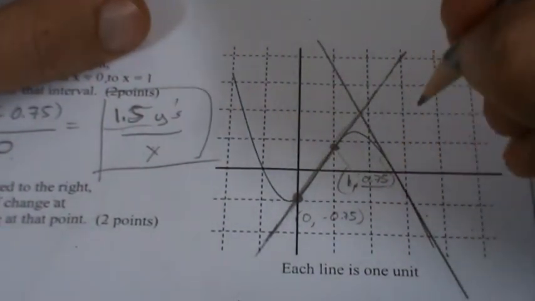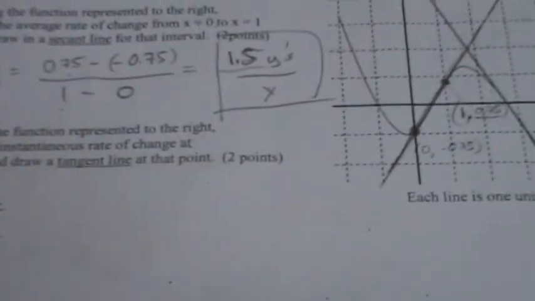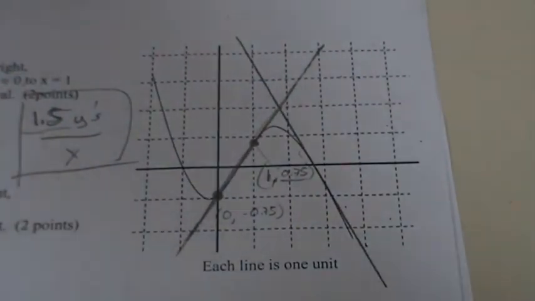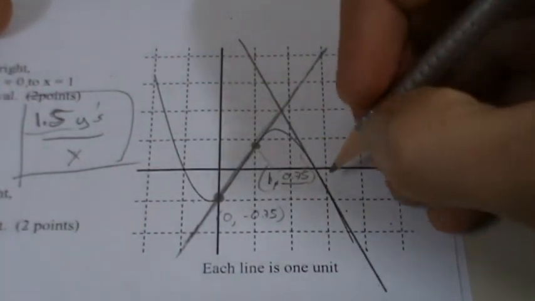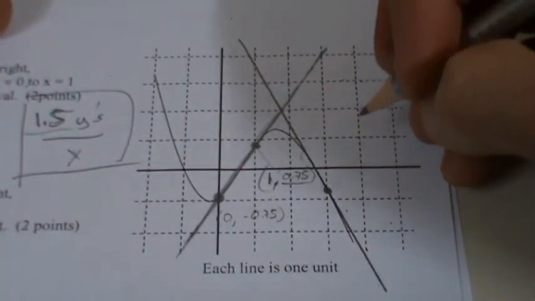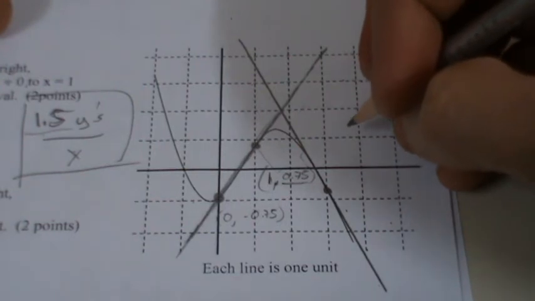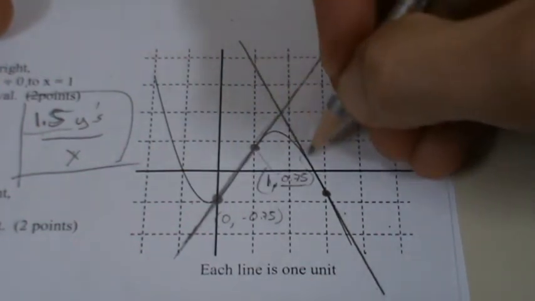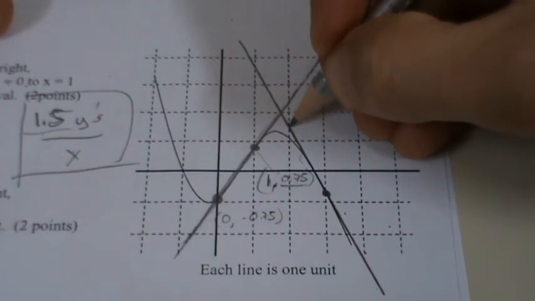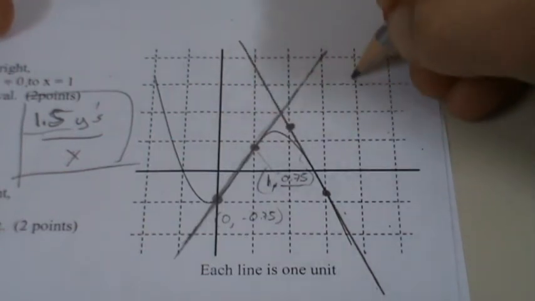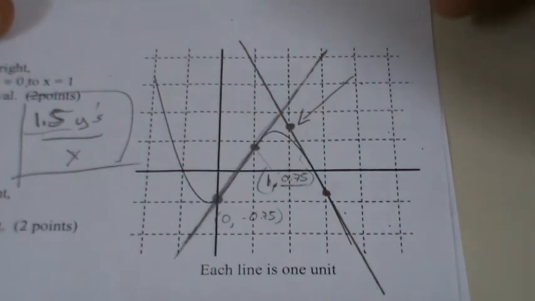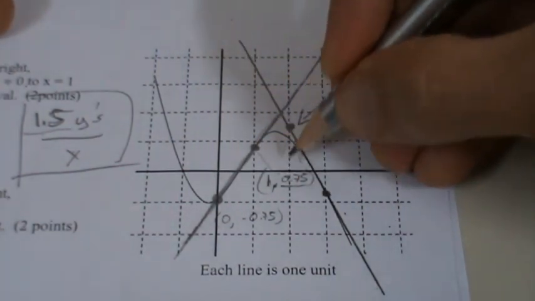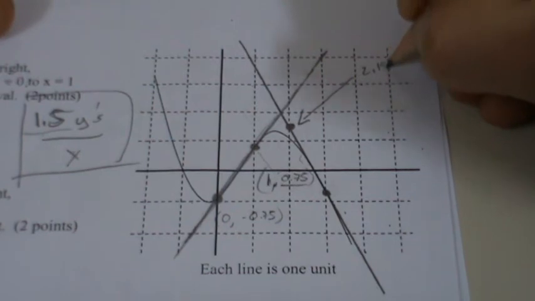Now I have to find the slope of this tangent line, and I'm just going to use the same formula, delta y over delta x. But I need 2 points here. So let me pick a couple of points. I'm just going to pick some nice ones here as best I can. This one looks pretty good. I'm going to say that that one is 2 and 1.5.